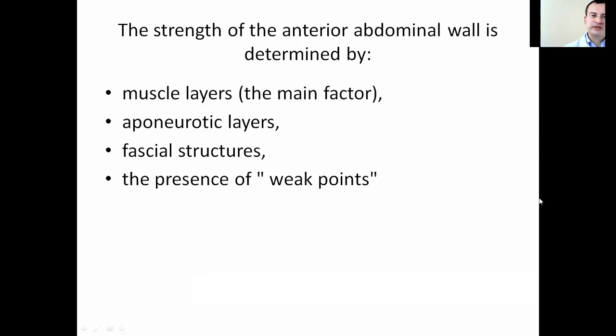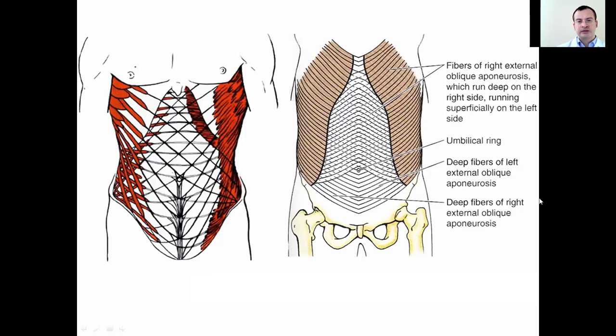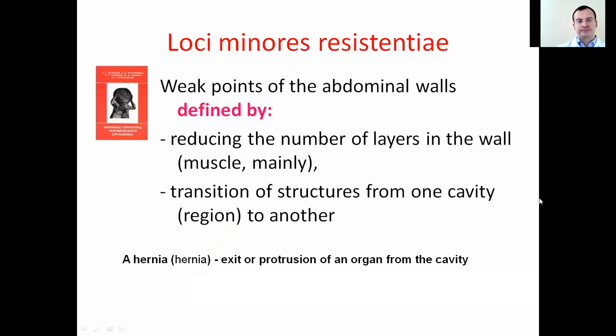The strength of the anterior abdominal wall is determined by muscle layers, neurovascular layers, fascial structures, and the presence of weak points. Loci minoris resistentiae means weak points of the abdominal walls.